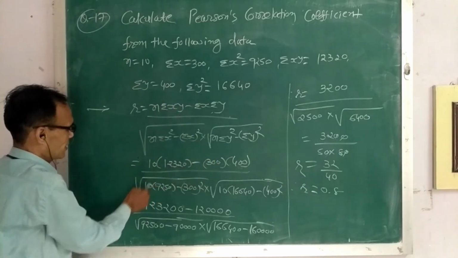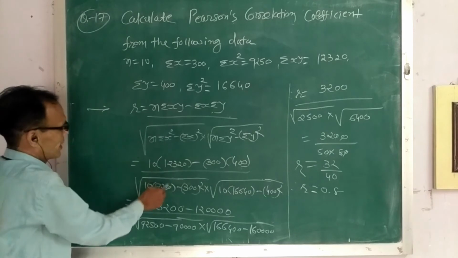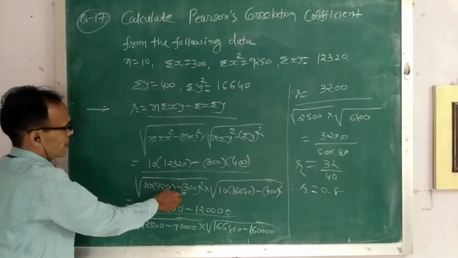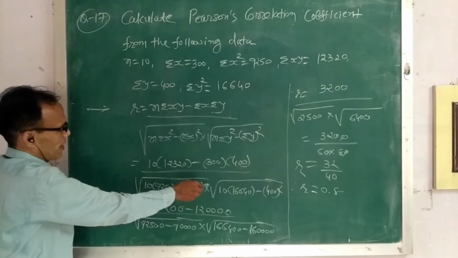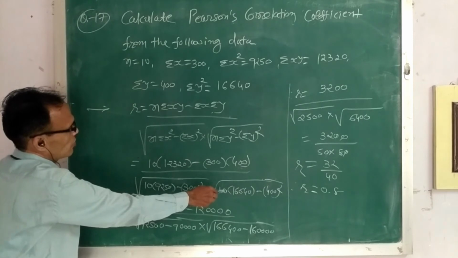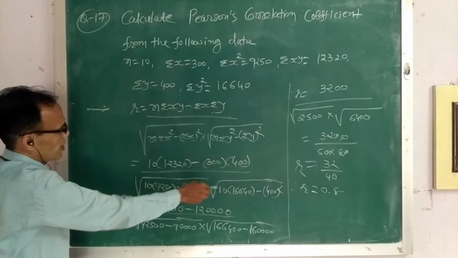Upon root of n, that is 10, sigma x square, that is 9250, minus sigma x whole square, that is 300 square, into root of n, that is 10, sigma y square, that is 16640, minus sigma y, that is 400 square.